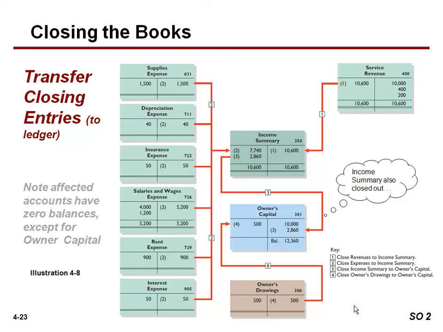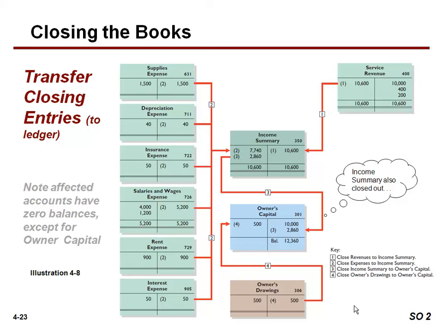So the income summary account is also closed out in our third closing entry. The last closing entry involves the owner's drawing account. We had credited for $500 in the closing entry, which made the credit amounts equal to debit amounts, or a zero balance in that account, effectively transferring that debit balance into the owner's equity capital account, $500 debit.